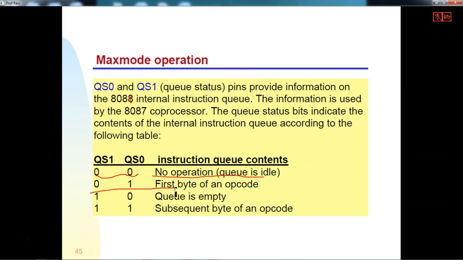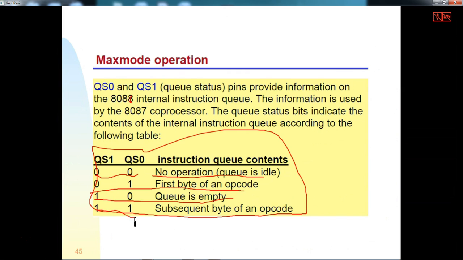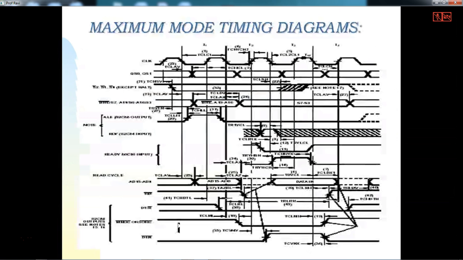When it is 0 and 1, the first byte of an opcode is available in the queue. When it is 1 and 0, the queue is empty. And 1 and 1 means a subsequent byte of an opcode is available in the queue. So the queue status can be known to the 8087 coprocessor in maximum mode by using these two pins, QS1 and QS0. This is what you can see in maximum mode.